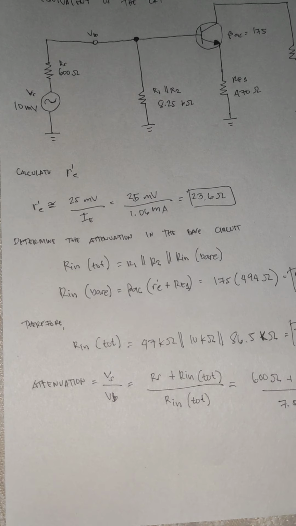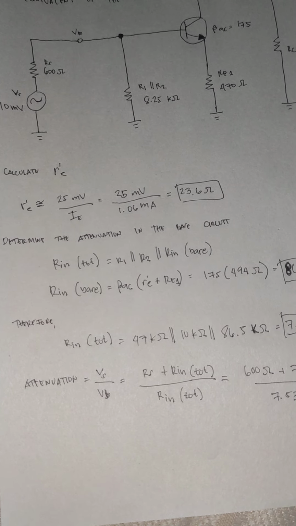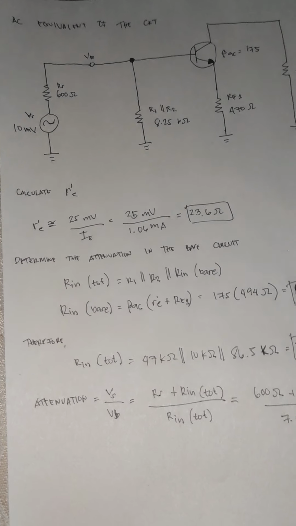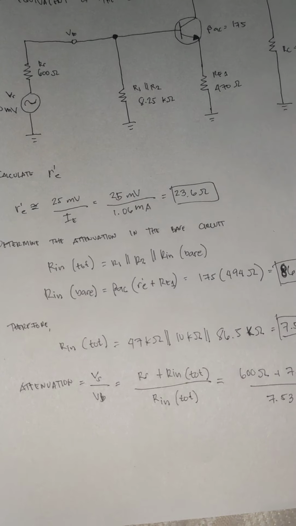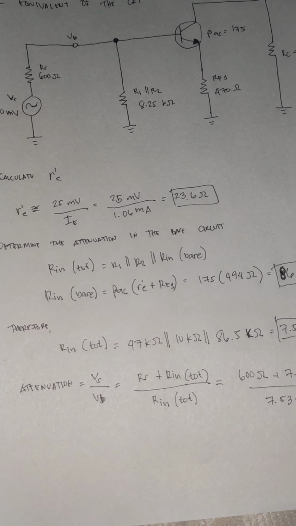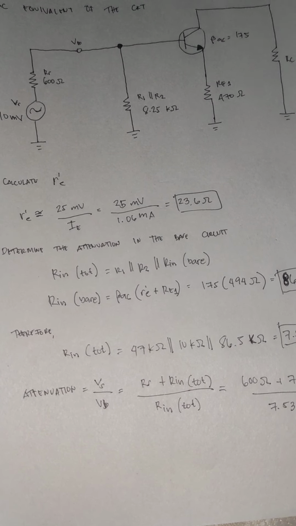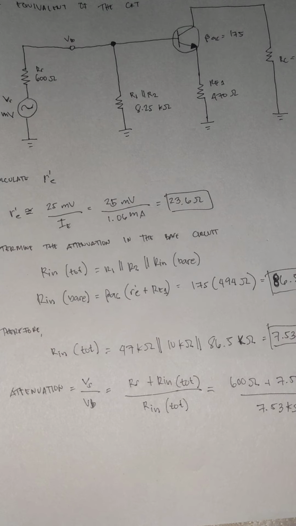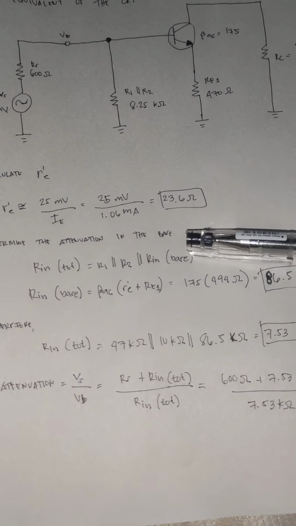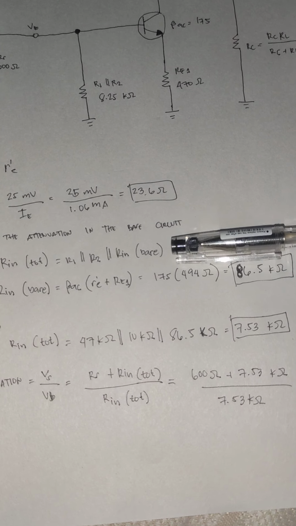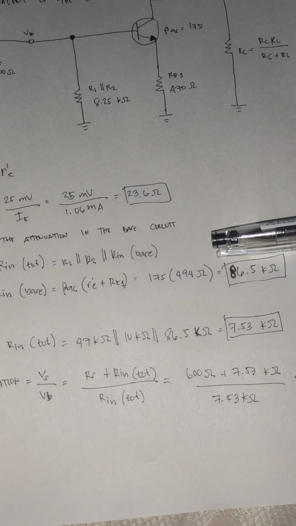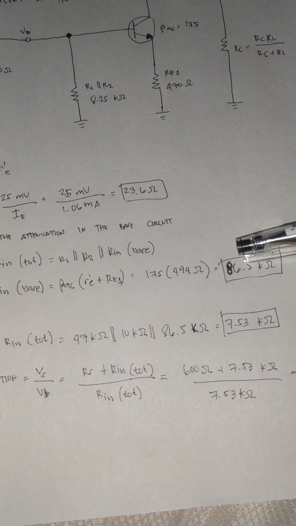Second step, determine the attenuation in the base circuit. Rin TOT is equal to R1, R2, and Rin base. Substitute na ko ang ilang mga value. 175 times 494 ohms is equal to 86.5 kilo ohms.